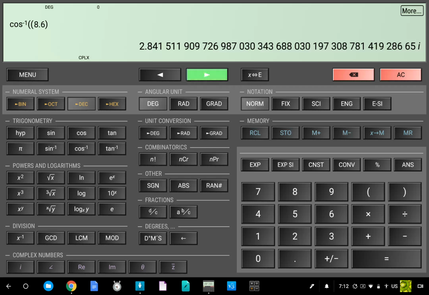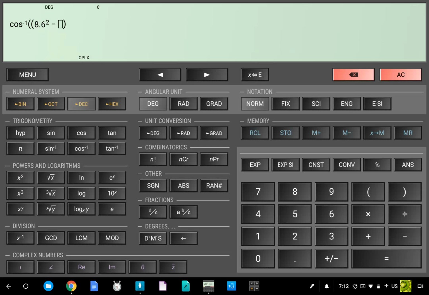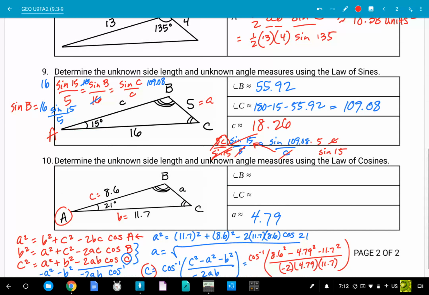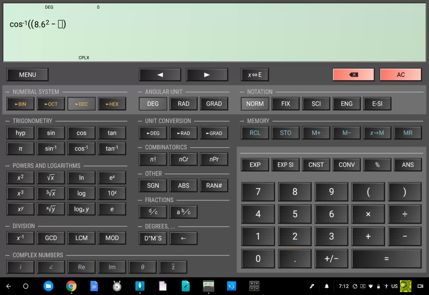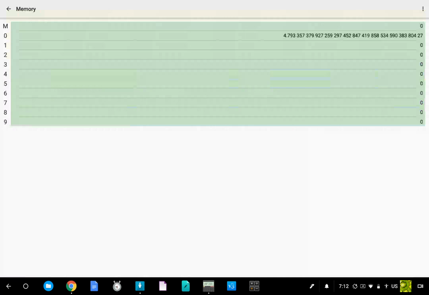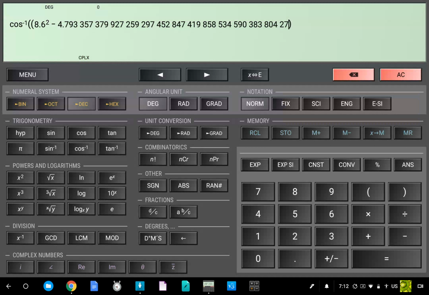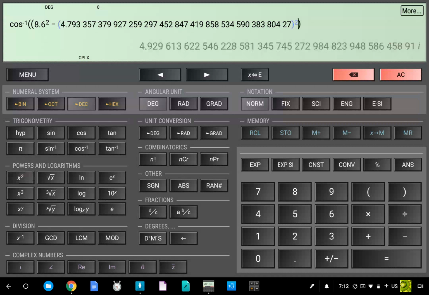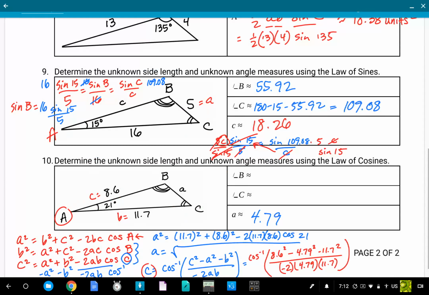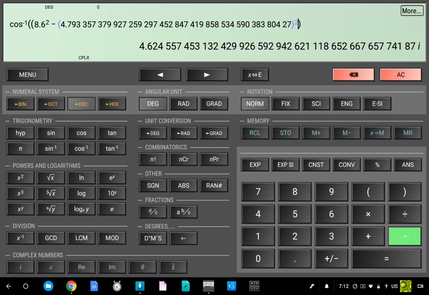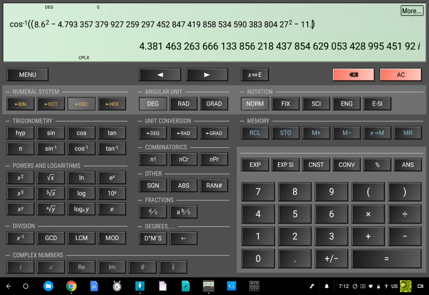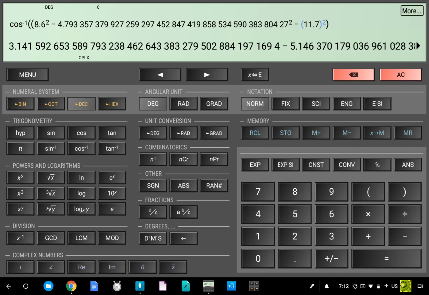There we go. 8.6 squared minus 4.79. And here I stored that number, so I'm going to recall that number. A squared. Then I have another minus 11.7 squared. That's all on the top.